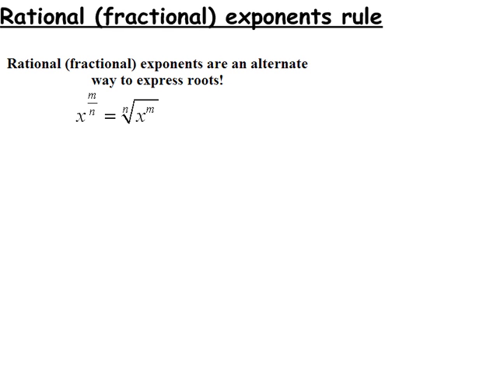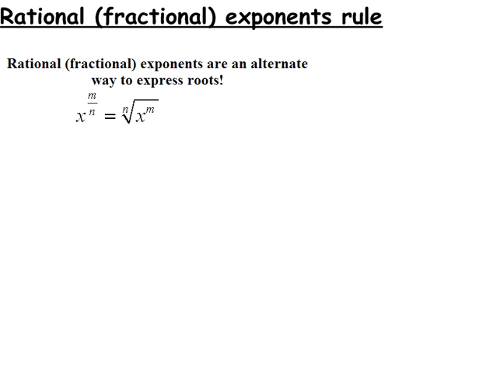we have a rule, and I'm going to call it the rational exponents rule. Rational or fractional exponents are an alternate way to express roots. So here's our rule. Our rule says that x raised to the m over n can be rewritten as, or is equal to, the nth root of x to the m.